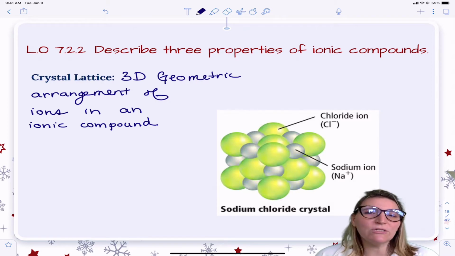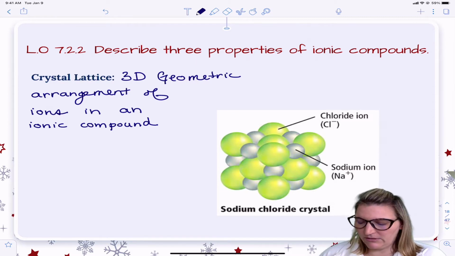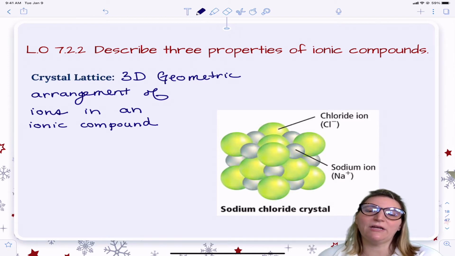There are different types of crystal lattices that we don't need to get into in our first year chemistry class, but this is the most basic and most simple crystal lattice.